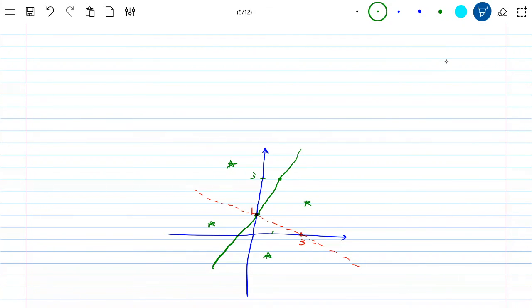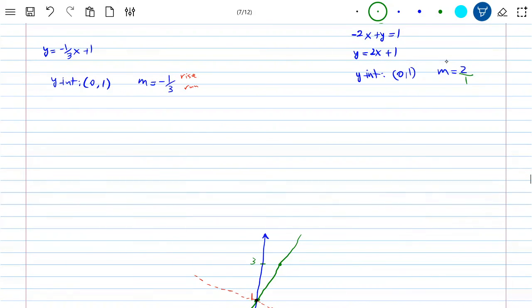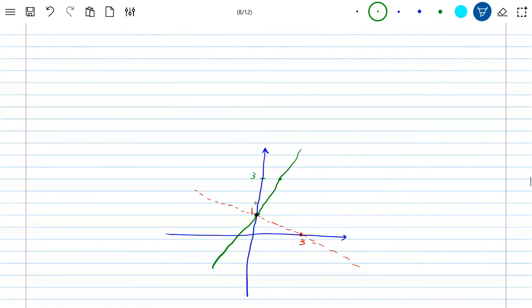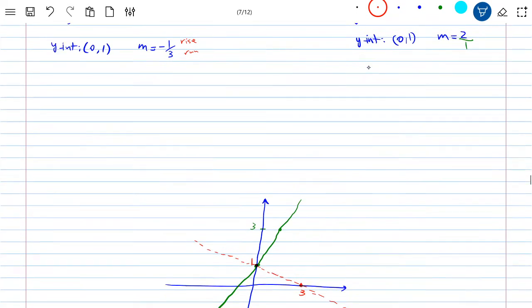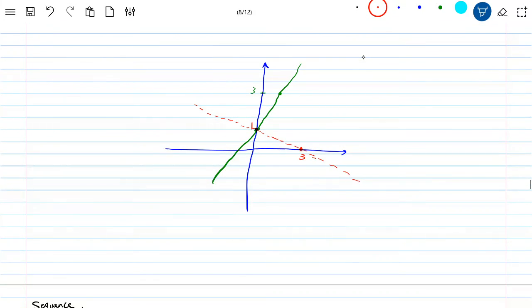So what do I need? I'll pick 4 test points and substitute them into the inequalities. Or you can solve each inequality separately. For the red one, ignore the green, and use the inequality for the red one. So let's pick test points. Here I'll pick something like 0, 0 and 3, 0.